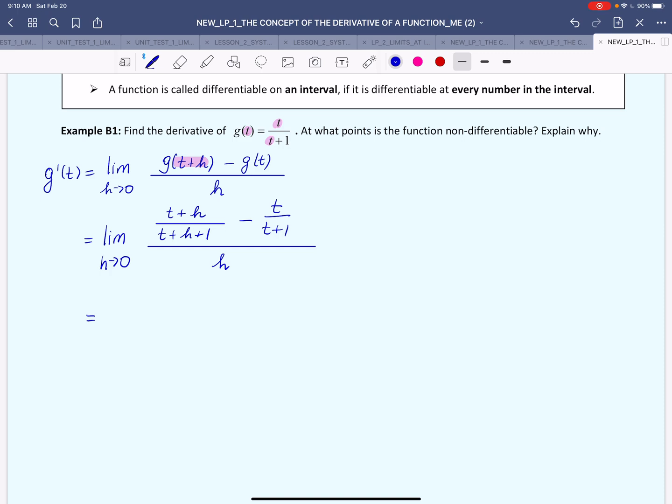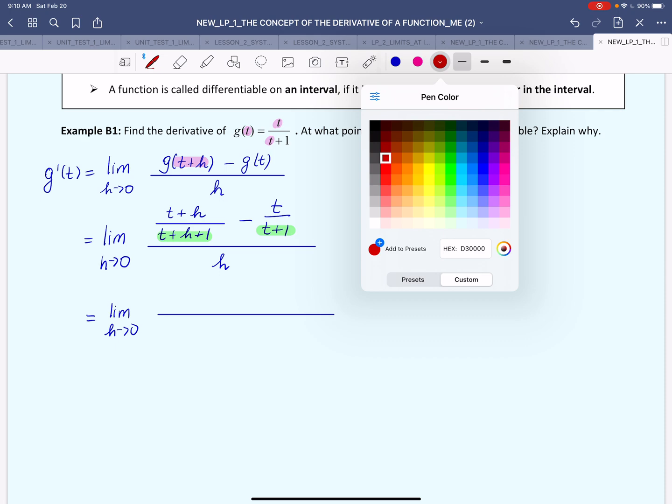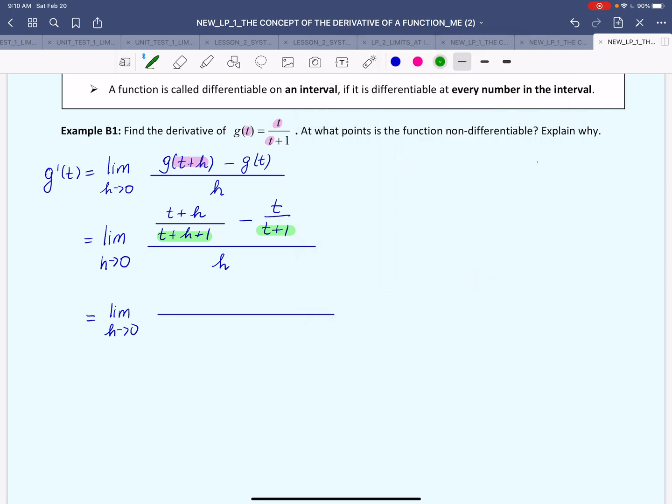Now first we need to take care of the numerator. And as you can see in here, we have two fractions with different denominators, which means the denominators don't have a common factor, and which in addition means that the lowest common denominator must be the product of the two: t plus h plus 1 times t plus 1.